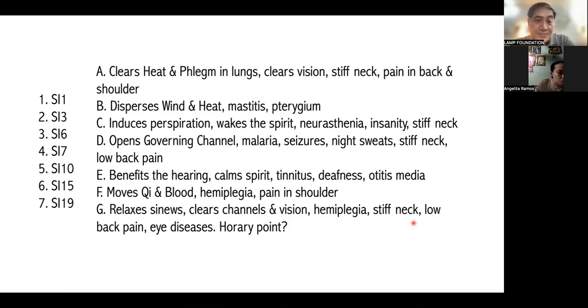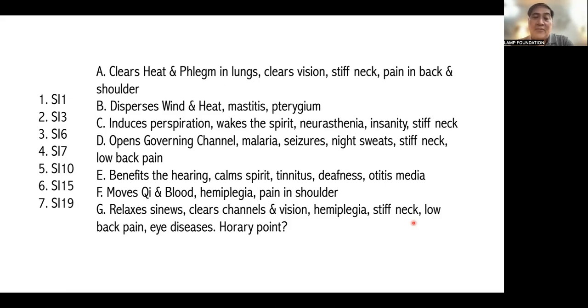Number 4, SI7. SI7 po is the luo connecting point. My answer, Doc, is letter C. Induce perspiration, wake the spirit, and neurasthenia. Okay. So it has an impact on the heart, di ba?